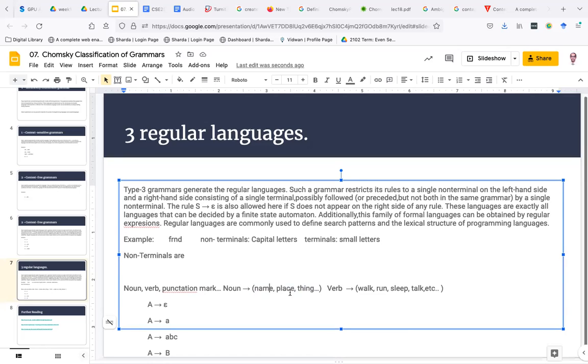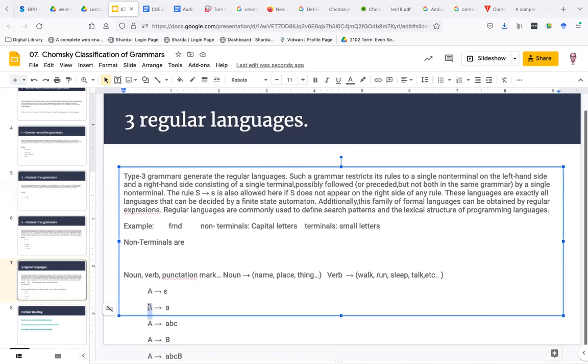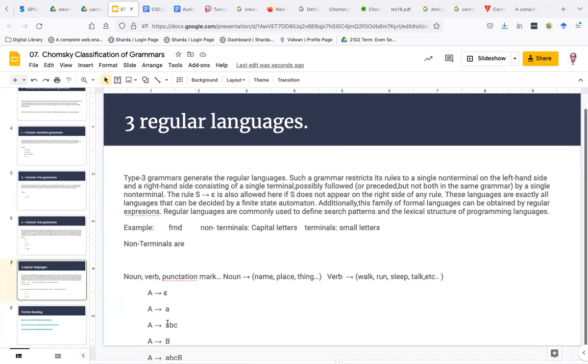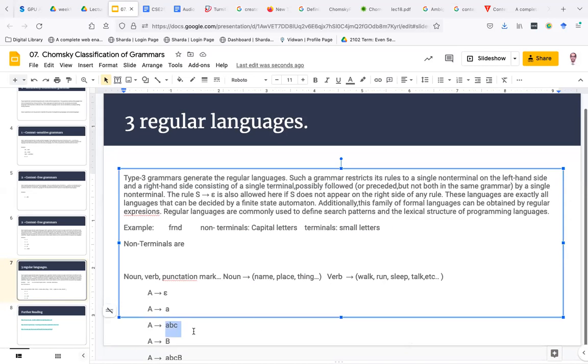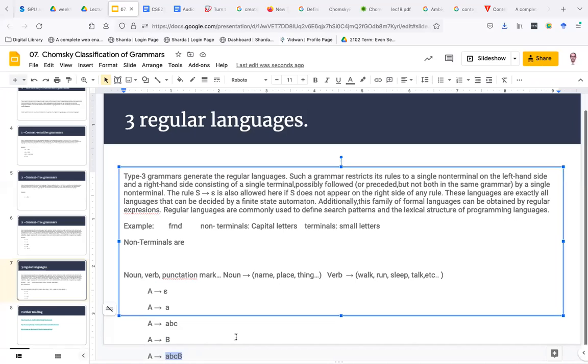On the left hand side you mostly see only a capital A, but on the right side you have a combination of A, B, C, or a combination of just B, or a combination of small and capital letters. On the right side there is no problem, in a regular language there is a problem.